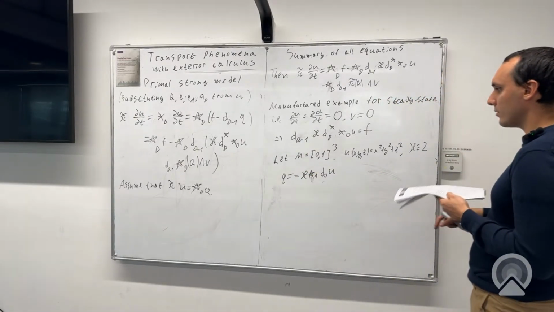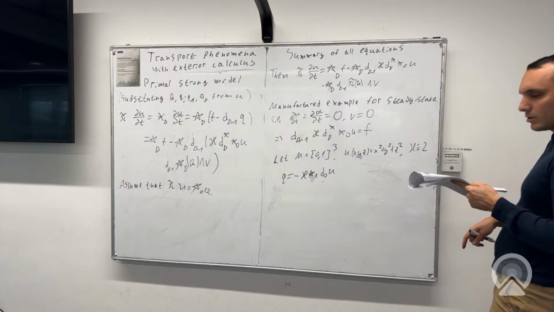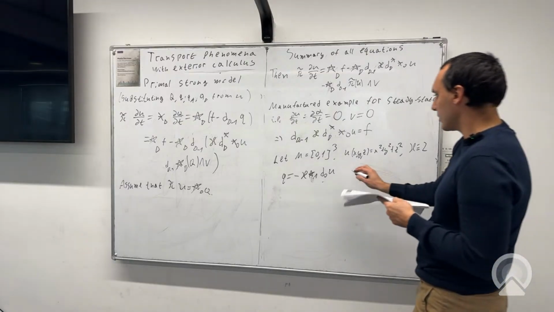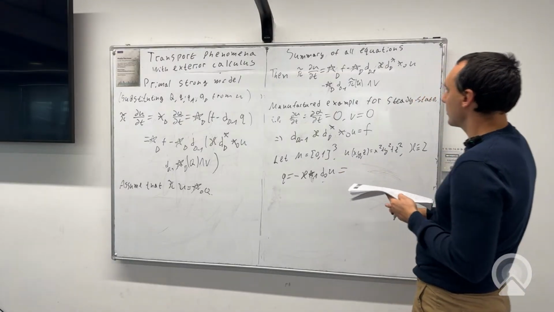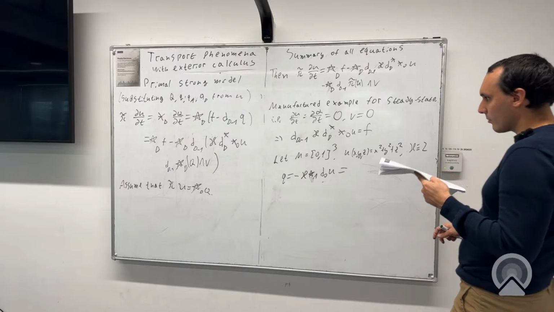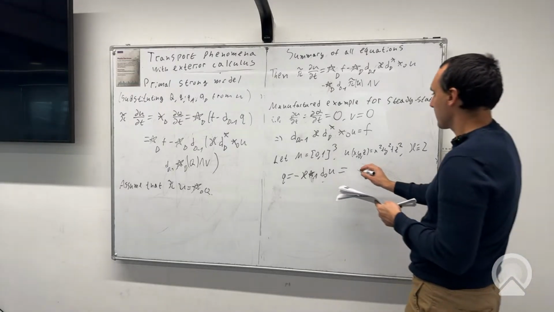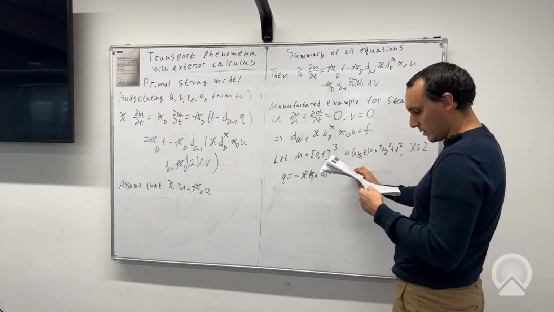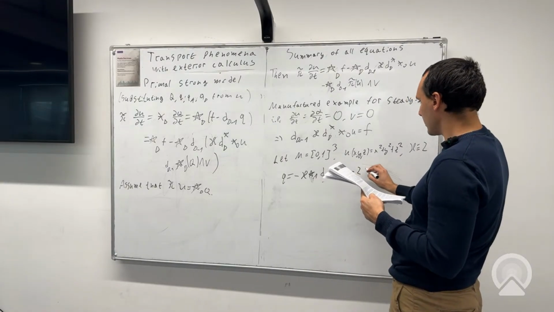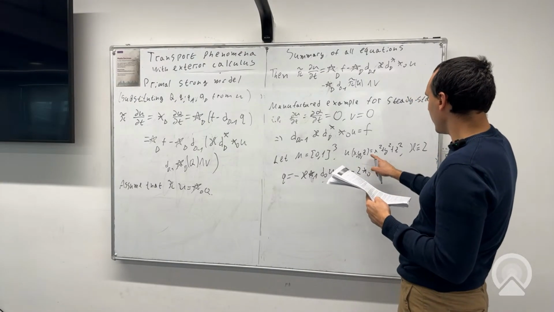This is another way of calculating Q, and this is minus 2 times star 0, and this is the gradient.